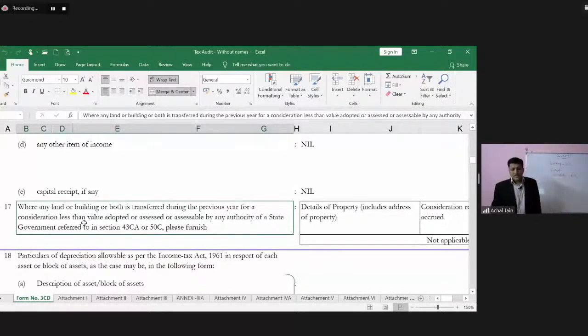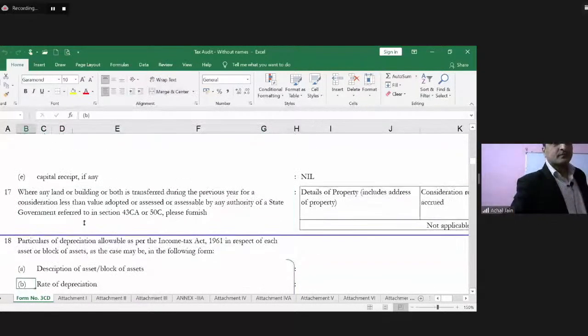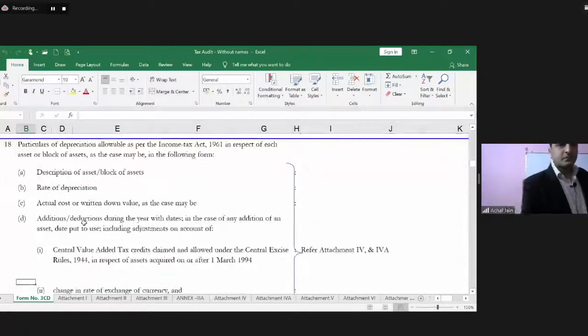Okay, moving on to the next item, and I would say very important and one of the items which captures significant time during the tax audit, and that happens to be point number 18.